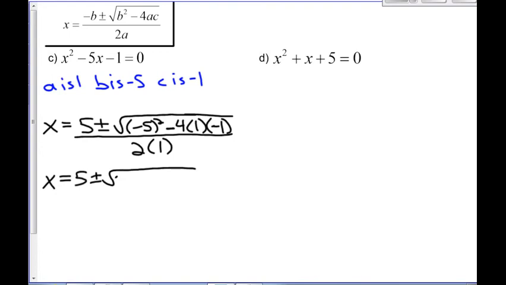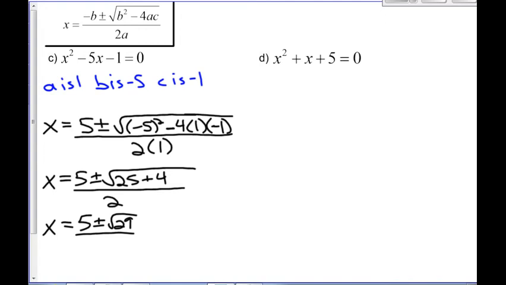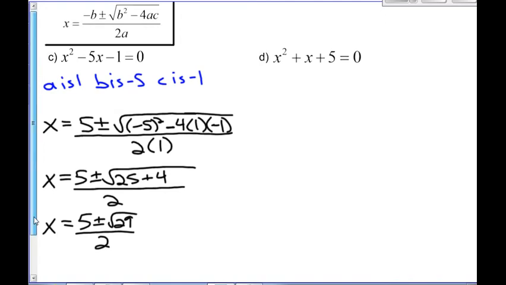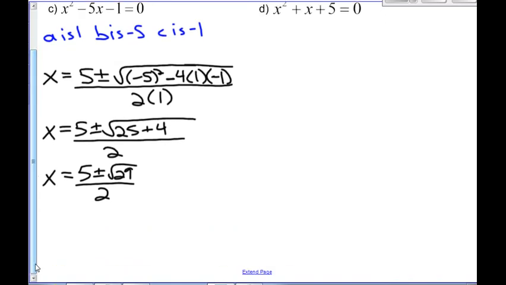So that's 5 plus or minus the square root of 25 plus 4, all over 2. 5 plus or minus root 29 over 2. Root 29 doesn't simplify. 29 is prime. So we have two solutions here. We have this number, which is irrational, but that's okay.